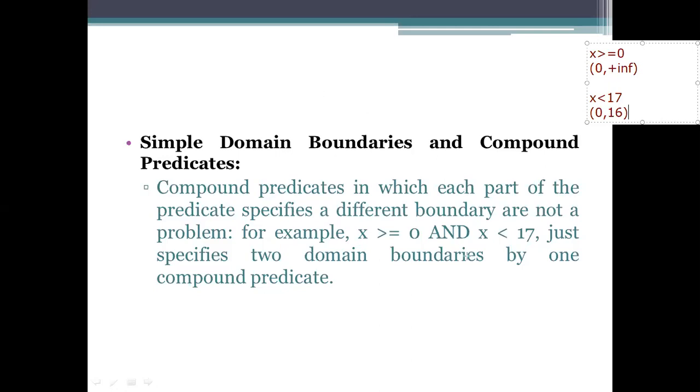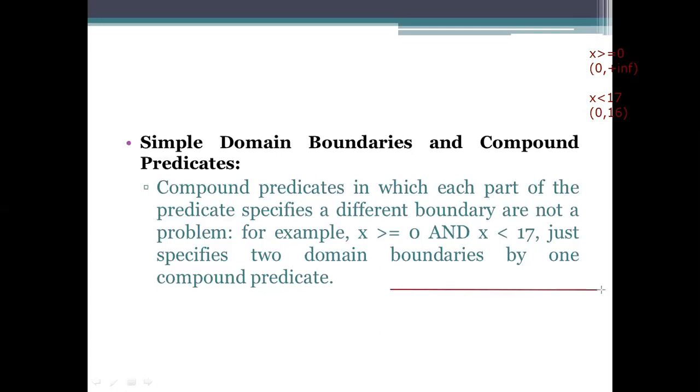I need to draw a line and show where it is starting. It starts from 0, so specify it as 0. Domain 1 will be from this area to this area, so the values are from 0 to 16.